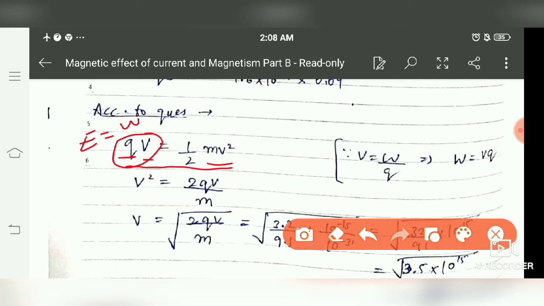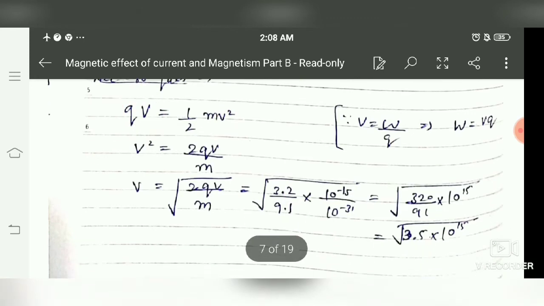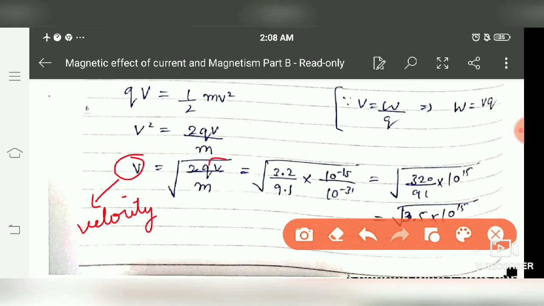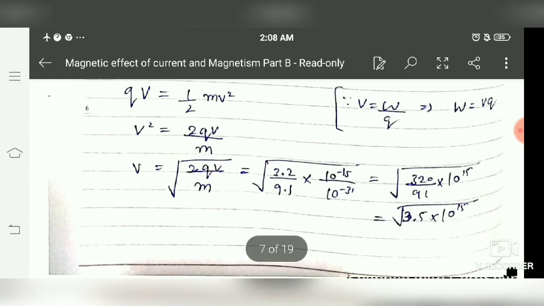Because we don't know the value of velocity, we have to calculate this velocity. To calculate this velocity, we know the value of potential, by solving this formula, where this v stands for velocity and this V stands for potential. So by substituting the value of potential here, we will calculate the value of velocity.